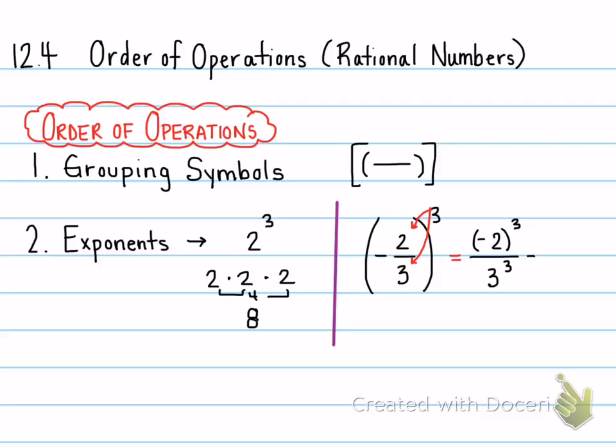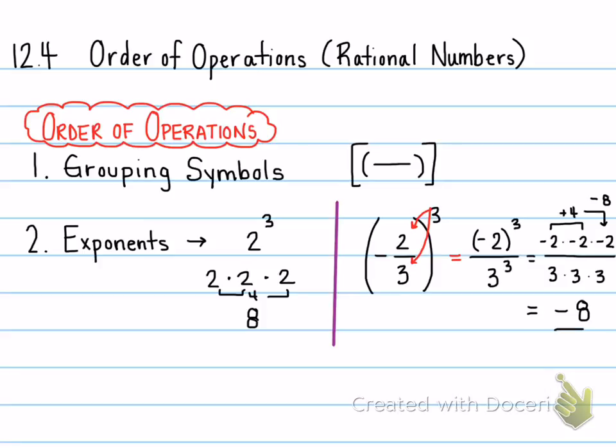So negative 2 to the third is negative 2 times negative 2 times negative 2, over 3 to the third, which is 3 times 3 times 3. Negative 2 times negative 2 is positive 4. Positive 4 times negative 2 is negative 8. So my numerator is going to have negative 8.